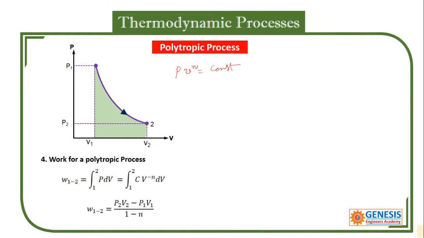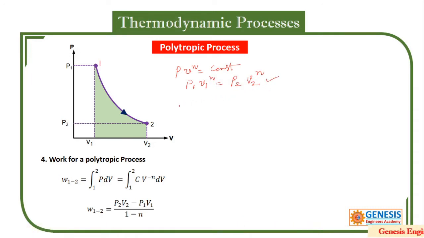So at point 1, the pressure is P1 and the volume is V1, and at point 2, the pressure is P2 and the volume is V2. Okay. So that is about the polytropic equation.